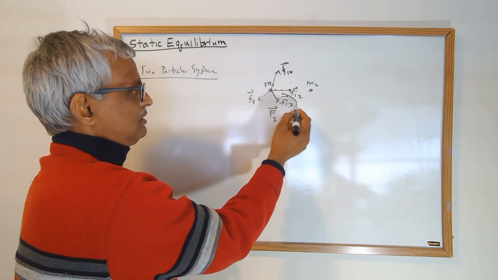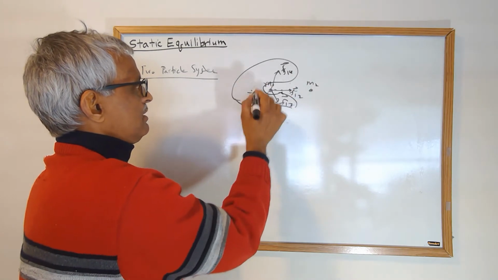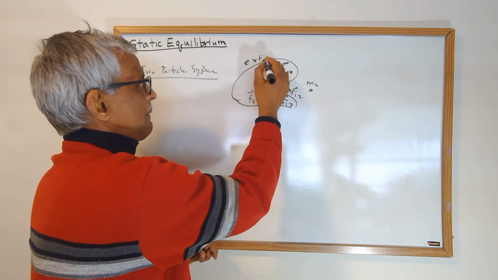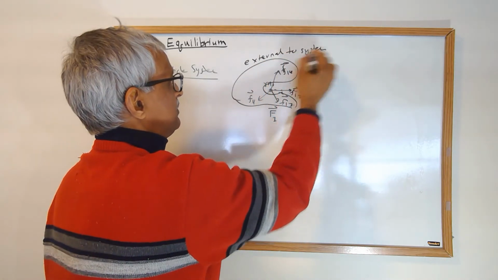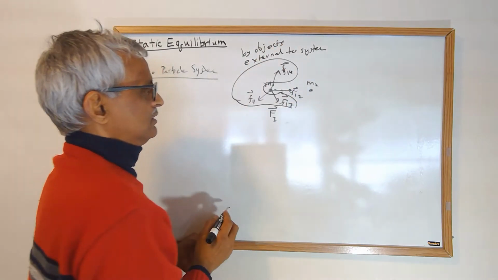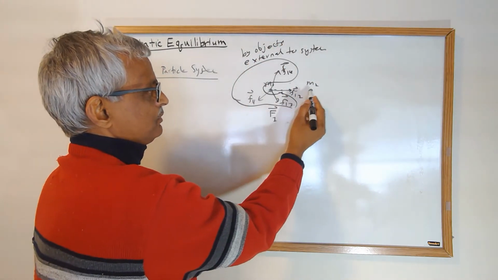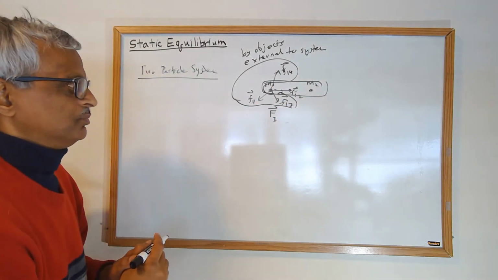So these forces are external to the system, by objects external to the system, because these two are forming my system, 1 and 2.